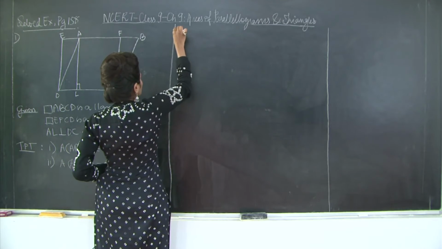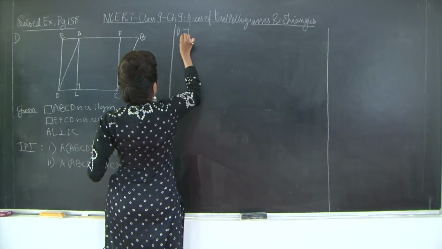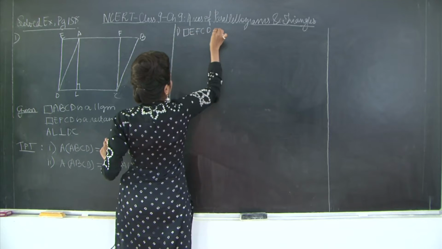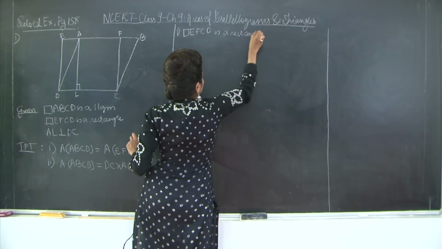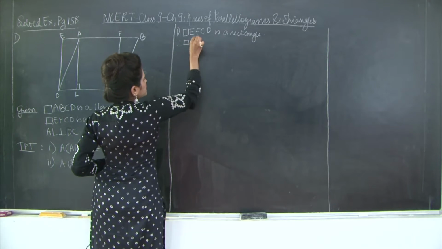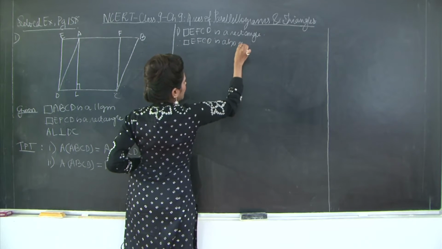For section 1, first of all I'll say that quadrilateral EFCD is a rectangle. Therefore, quadrilateral EFCD is also a parallelogram.